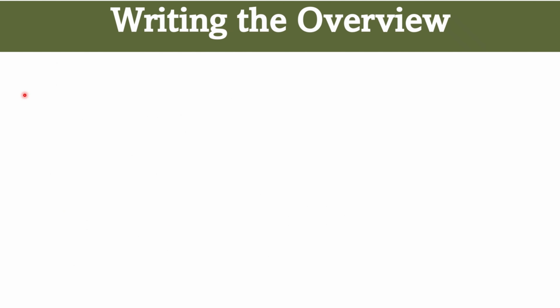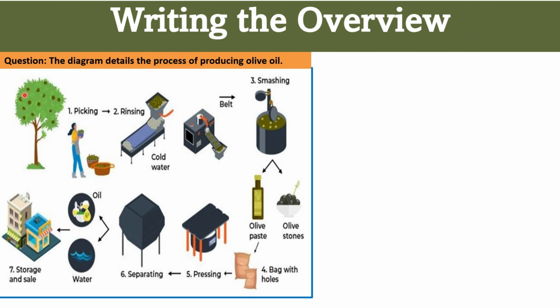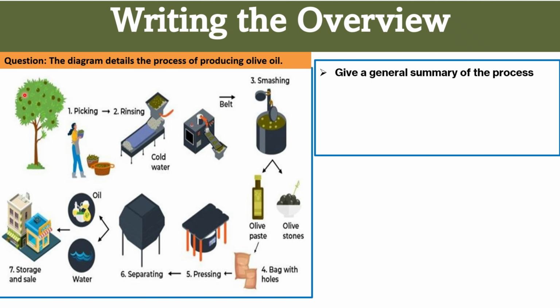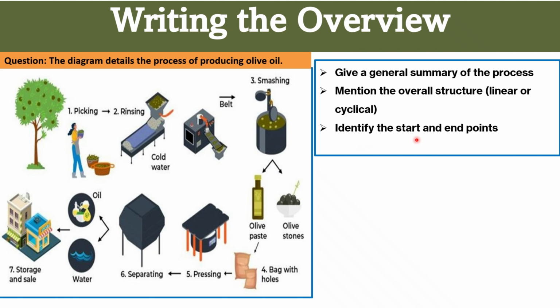After the introduction, the next part of your response is the overview. This is where you give a general summary of the entire process without going into too much detail. A good overview answers questions like, is the process linear or cyclical? Where does it start and where does it end? What are the main stages or transformations that happen along the way?